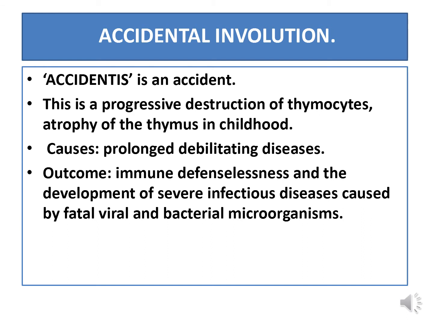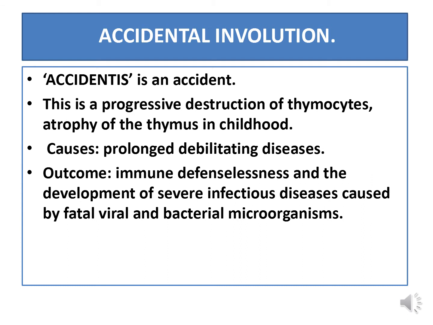Sometimes during autopsy of newborns, for example, we see pathology of the thymus, and we call it accidental involution. Accidentis means accidental. This is a progressive destruction of thymocytes, atrophy of the thymus in childhood.